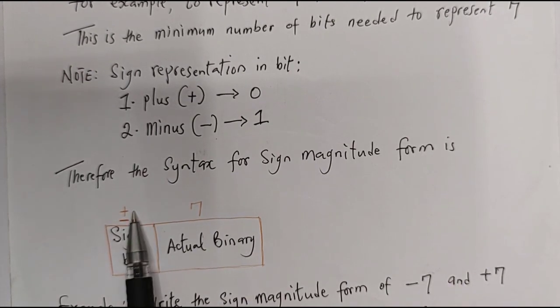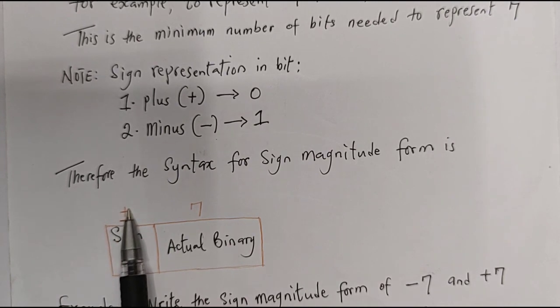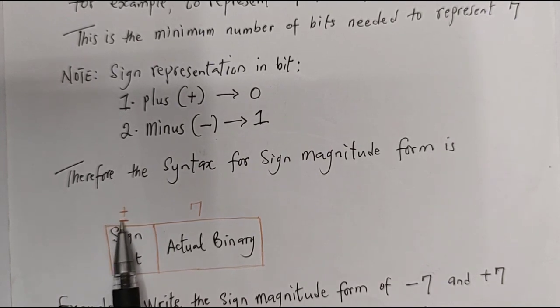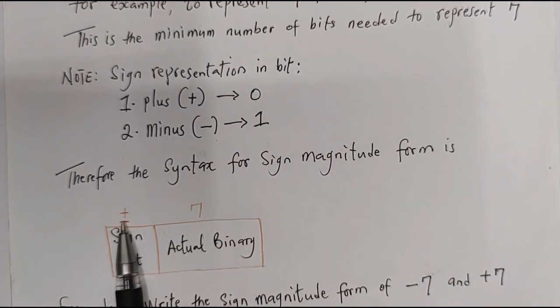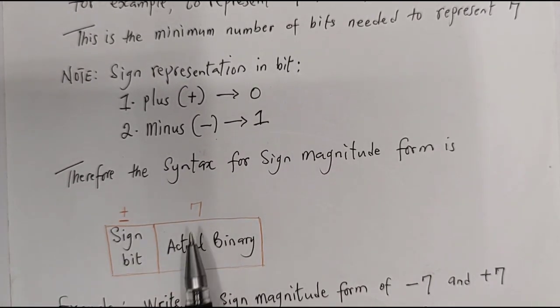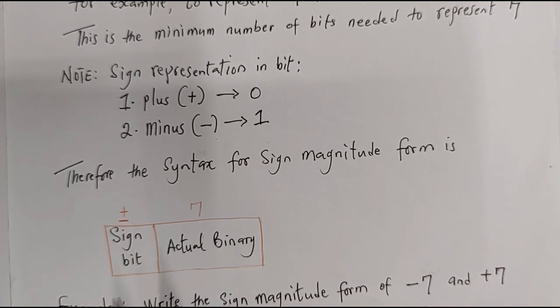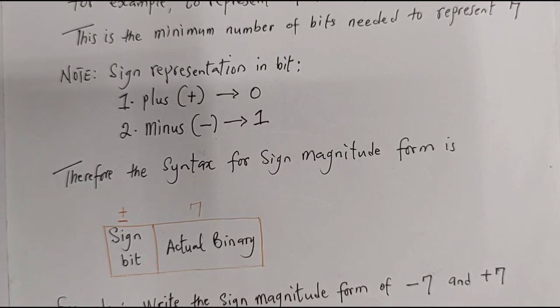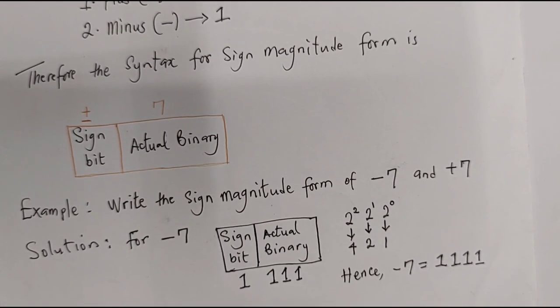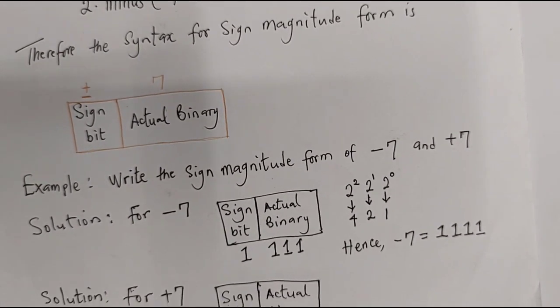Now remember that the signed bit for plus is represented as 0, and the signed bit for minus is represented as 1. We know the actual binary bit for 7, which is 111. Now don't forget that. Now let's take this example to make things very straightforward.